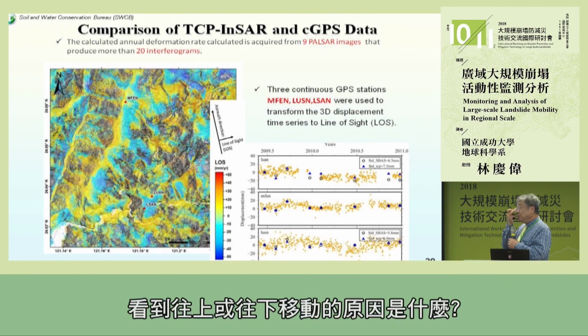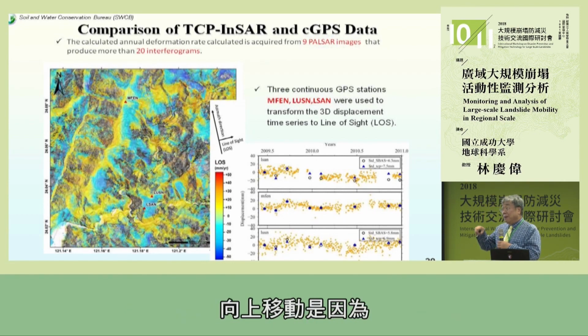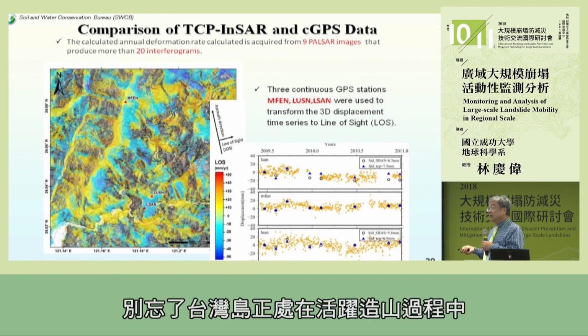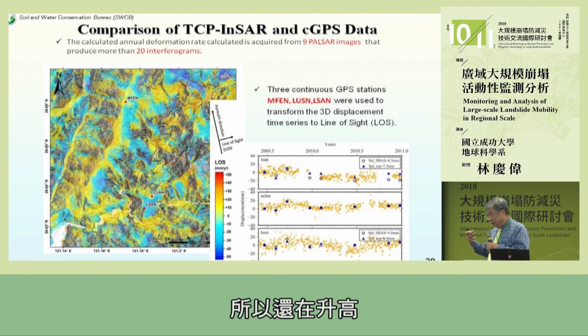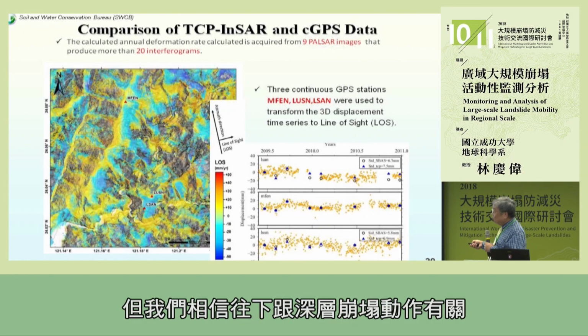The reason we see both upward and downslope movement is that, don't forget, the island of Taiwan is located in an active mountain building process, so uplifting is still going on. However, for the downward movement, we believe it is related to the movement of a deep-seated landslide.